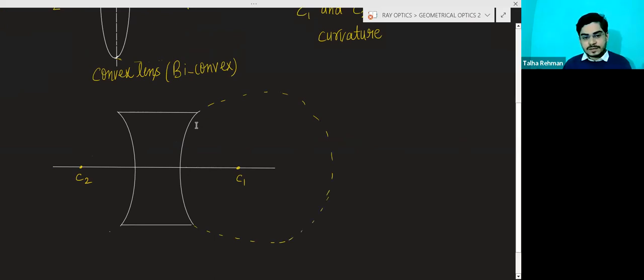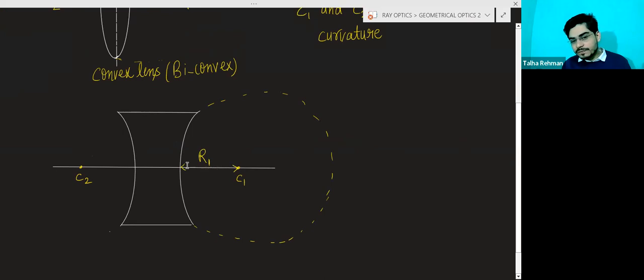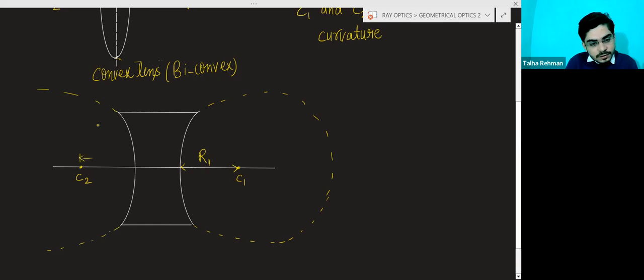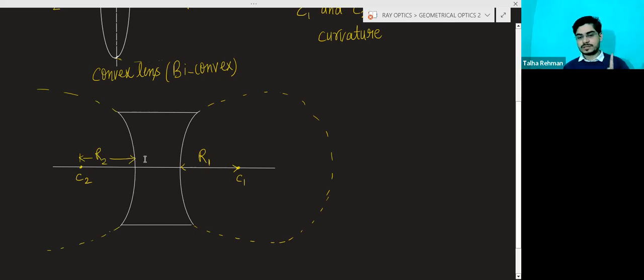If you complete this, this is the center, so this distance will be the radius of curvature. When you complete this circle in 3D, it will be a sphere. So this distance will be the radius of curvature. So there are two radii of curvature in the case of a lens.